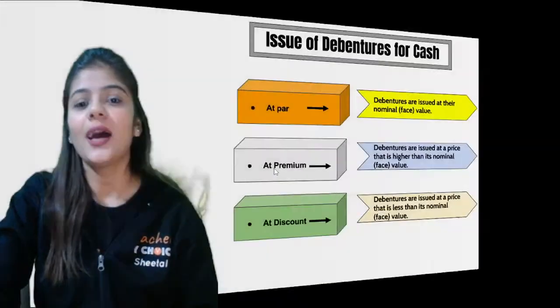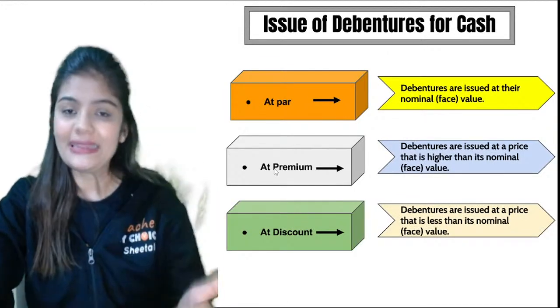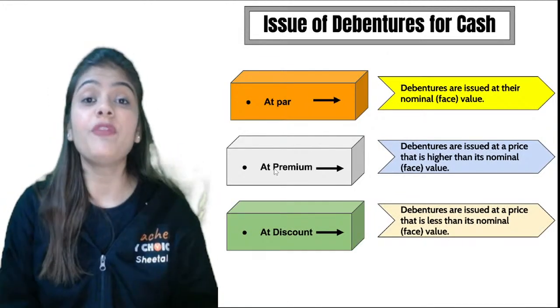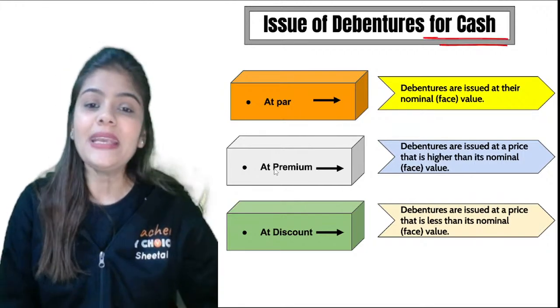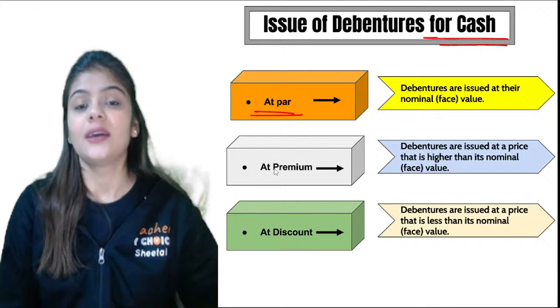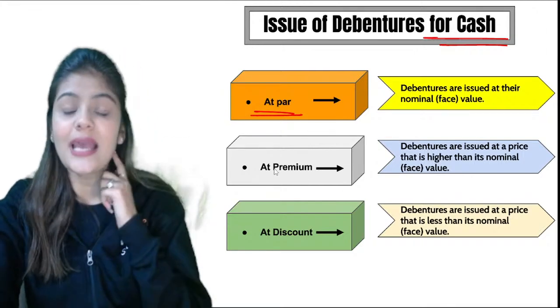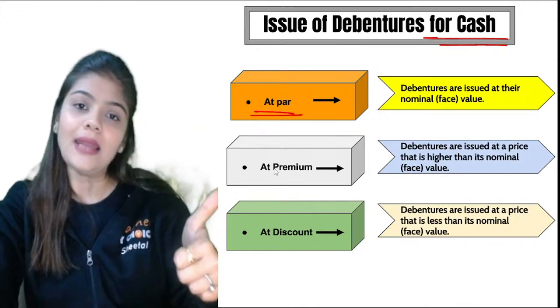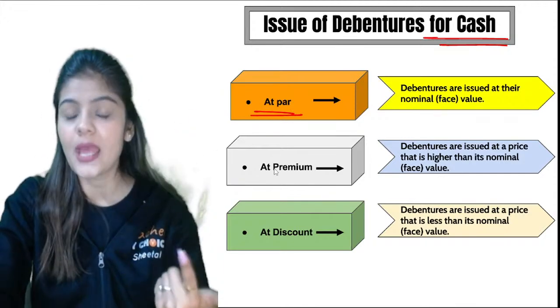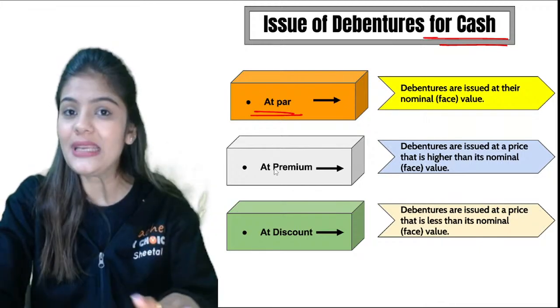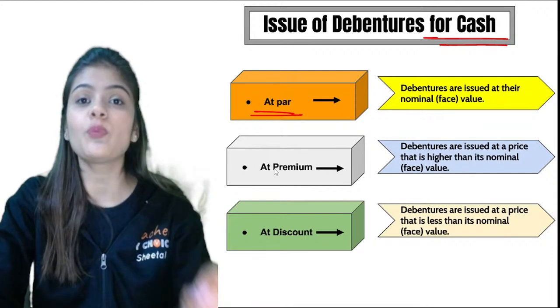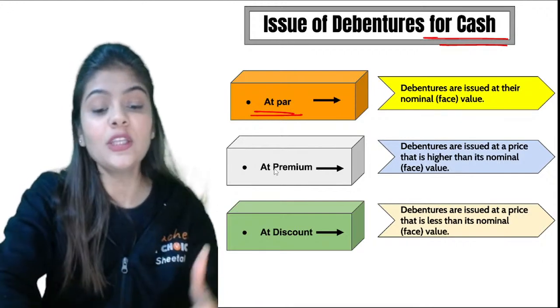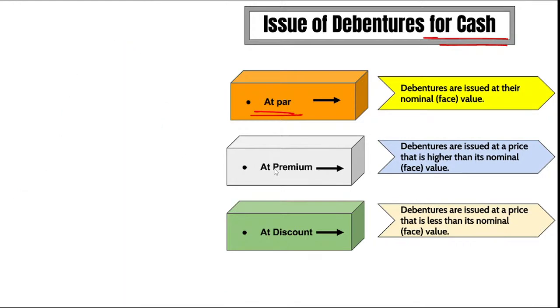कोई नहीं. Okay. So when the debentures are issued for cash, it can be issued at par. When we talk about shares, they can be issued at par and at premium, but shares cannot be issued at discount. Shares discount पे issue नहीं हो सकते. But debentures can be issued at par: 100 rupees face value, issued for 100.